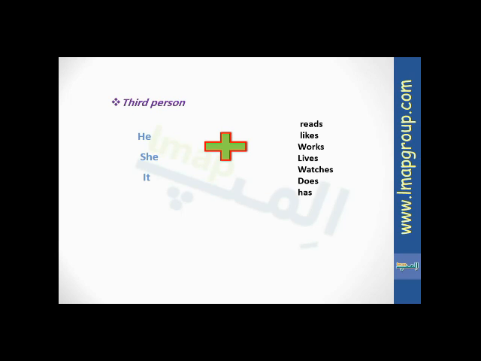Have. For plurals and for I, we use have. But for third person singular, we say has. برای سوم شخص مفرد از has استفاده میکنیم. He has. She has. It has, that object or animal has. Okay?